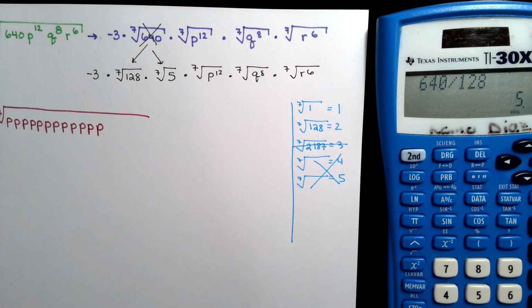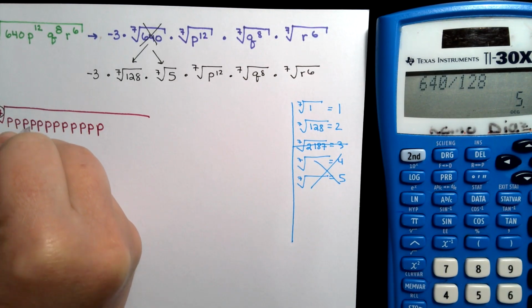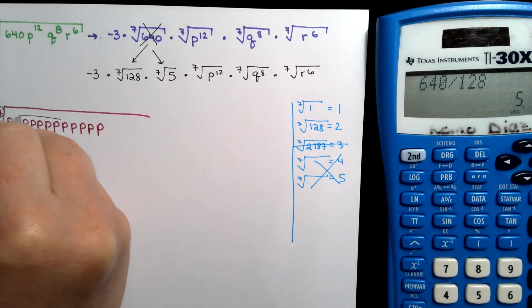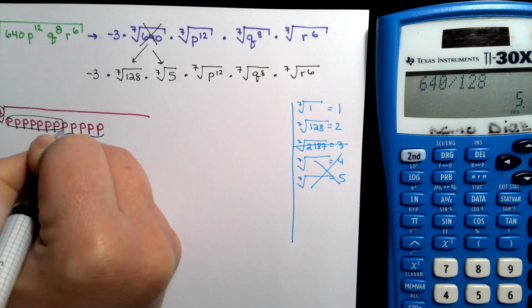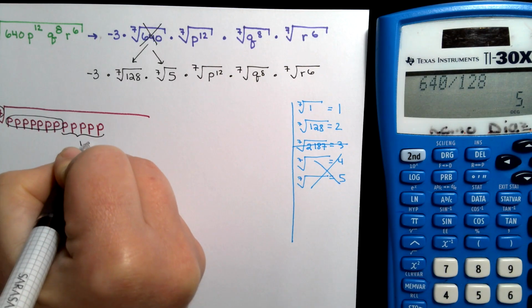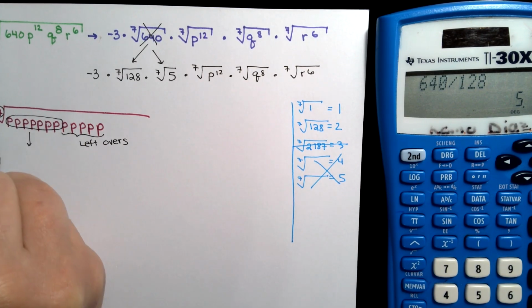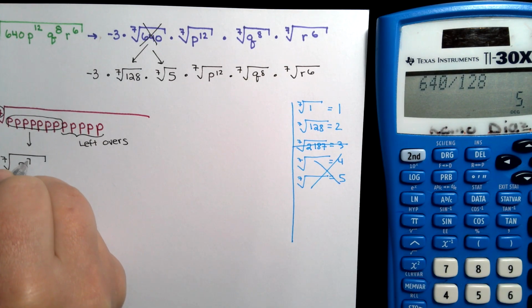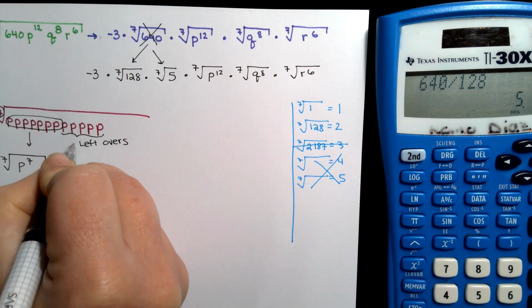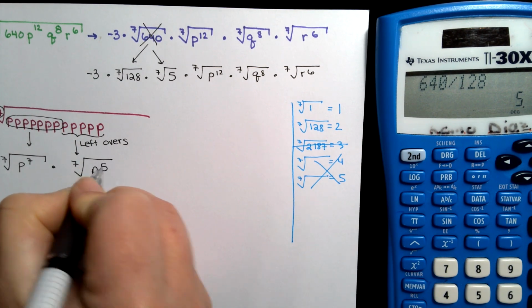And my question is, how many groups of 7 can I do? 1, 2, 3, 4, 5, 6, 7. And then 1, 2, 3, 4, 5. These are leftovers. So what happens is you have the 7th root of p to the 7th power times the 7th root of p to the 5th power.